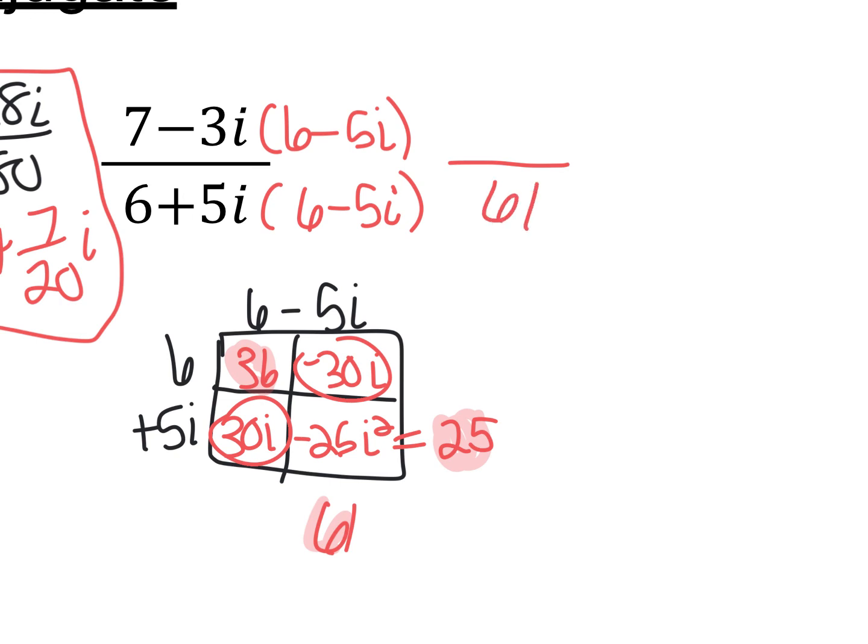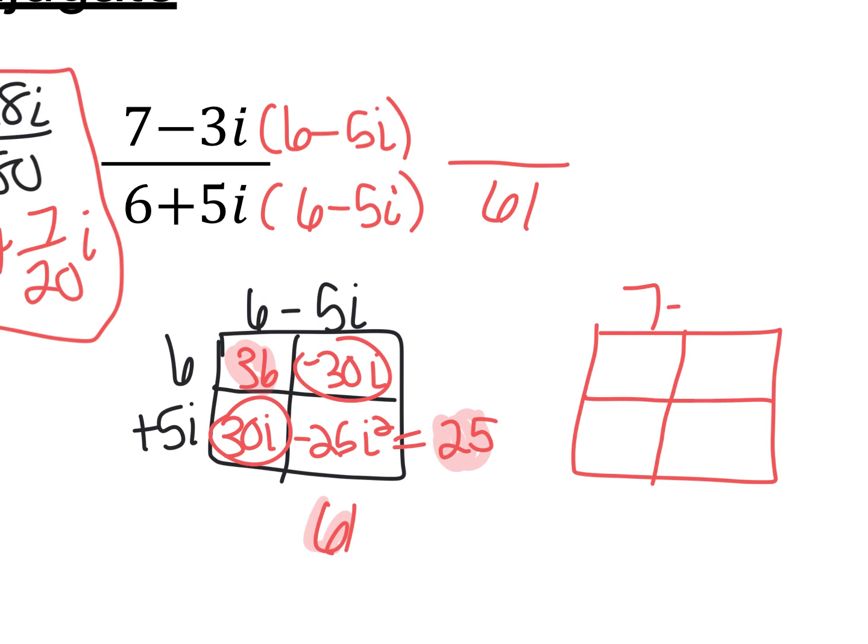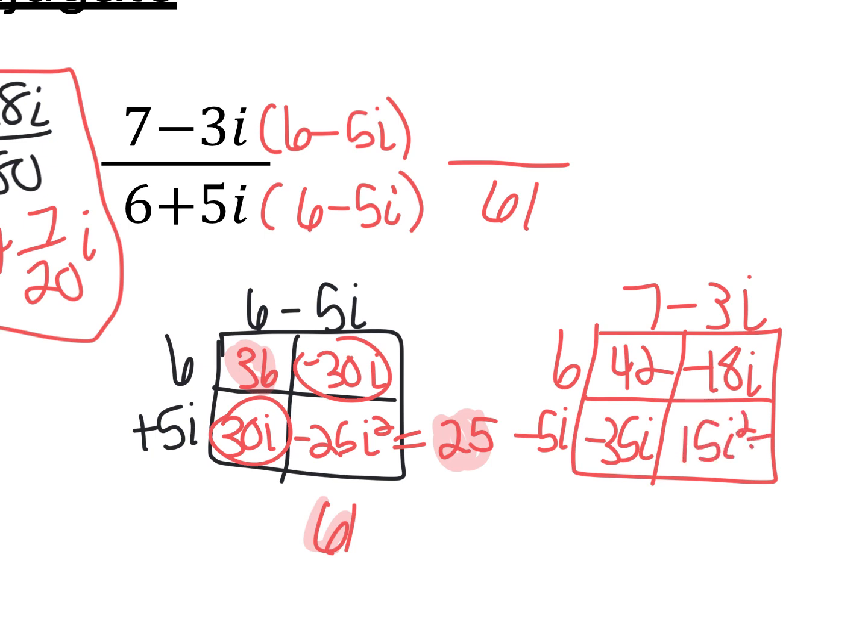Our numerator, now we have to multiply again. Okay, so we're going to multiply a second time here, and we are going to have 7 minus 3i and 6 minus 5i. We got 42, negative 18i, negative 35i, and 15i squared. 15i squared gives us negative 15.